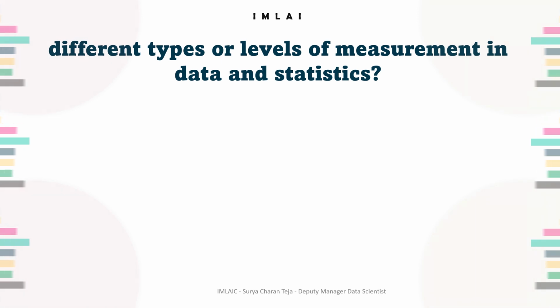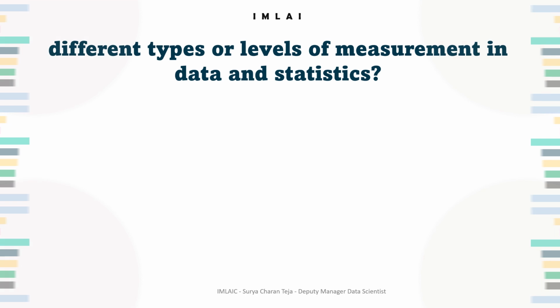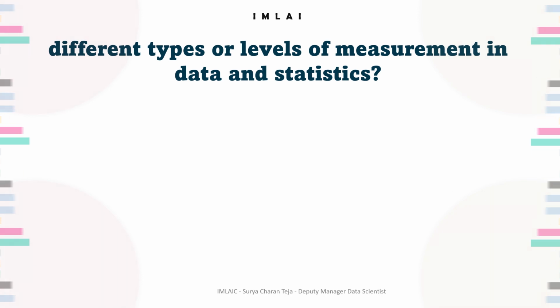Within your data set, you will have different variables, and these variables can be recorded to varying degrees of precision. This is what's known as the level of measurement. Again, I'm reiterating, level of measurement means within your data set.